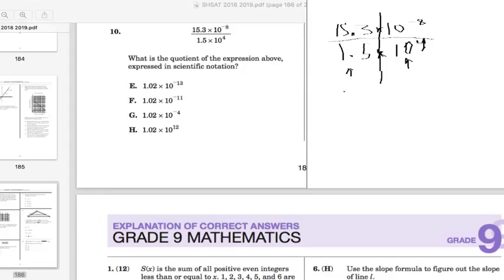Okay, so I have basically 15.3 divided by 1.5. This is standardized test nomenclature that screws up a lot of people. So don't even think of dividing 15.3 by 1.5. Just multiply the top and the bottom of this by 10.